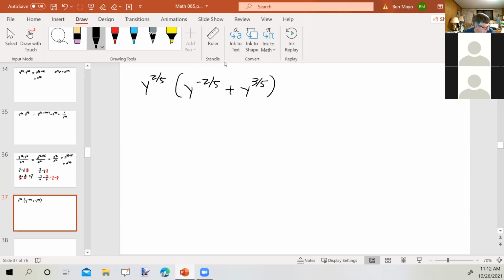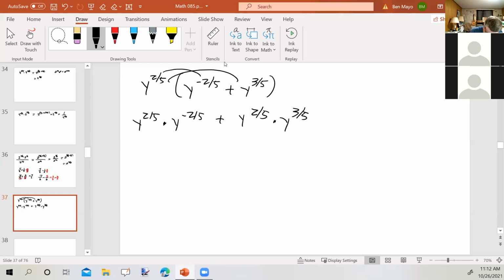Because if you don't know the rules, you'll stumble. Okay, so here I'm going to distribute. So this is y to the 2/5 times y to the negative 2/5 plus y to the 2/5 times y to the 3/5 power.